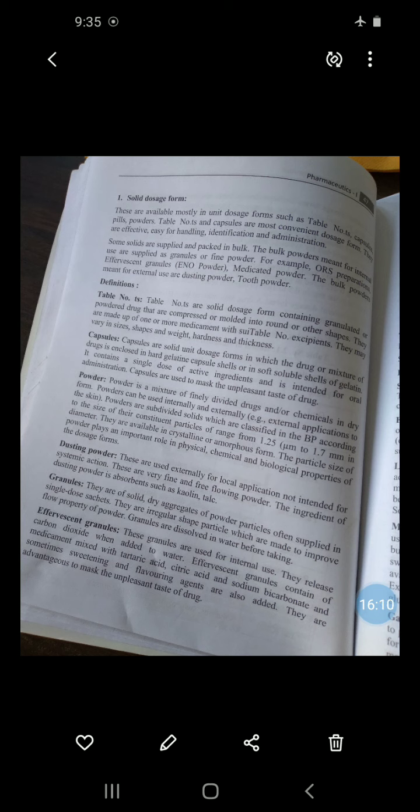They are irregularly shaped particles which are made to improve the flow property of powders. It is important to keep in mind that granules are prepared in order to improve the flow property of powder, and these granules are dissolved in water before taking.